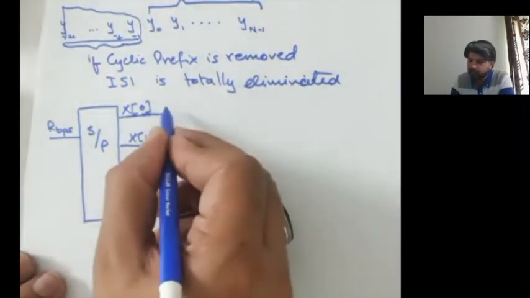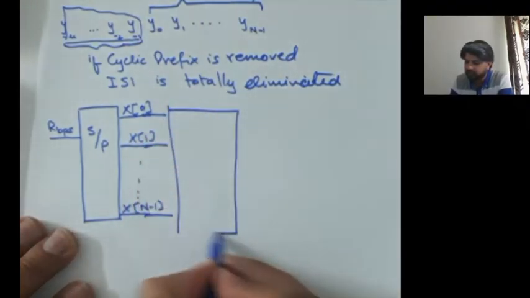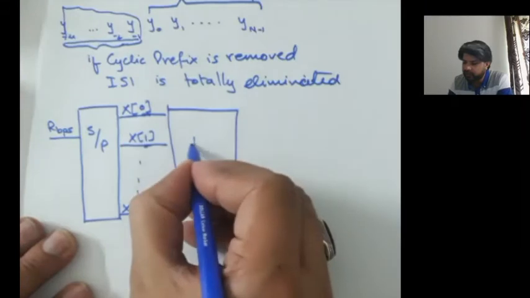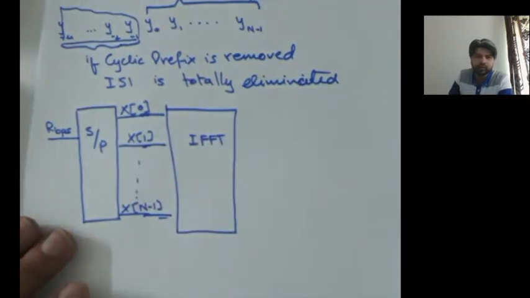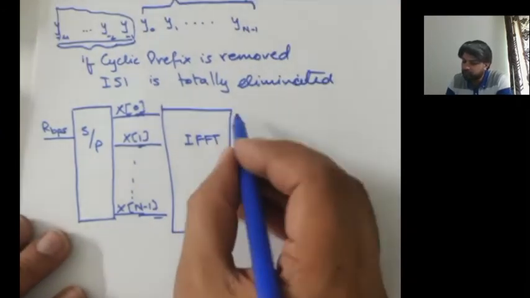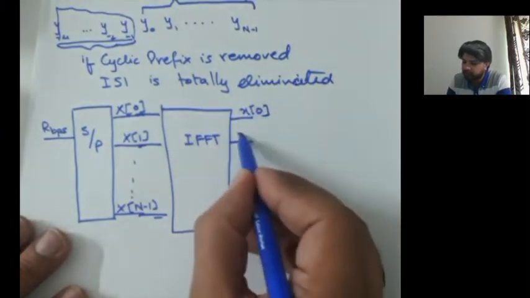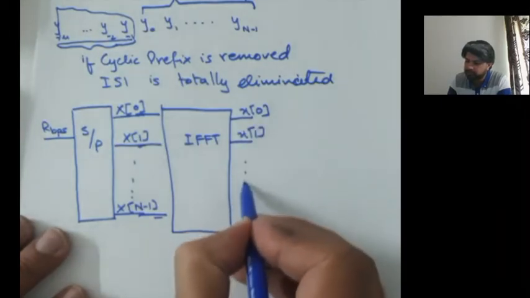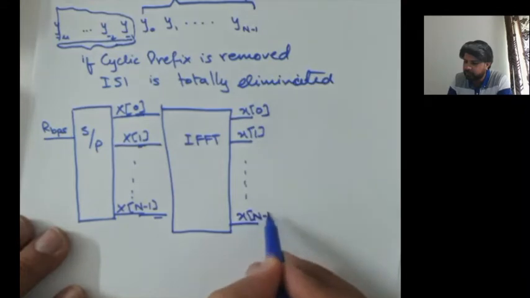So you would do what? Once you have these symbols, you would carry out the IFFT operation on these capital N samples. That would give you what? That would give you x of 0, x of 1, all the way to x of capital N minus 1.